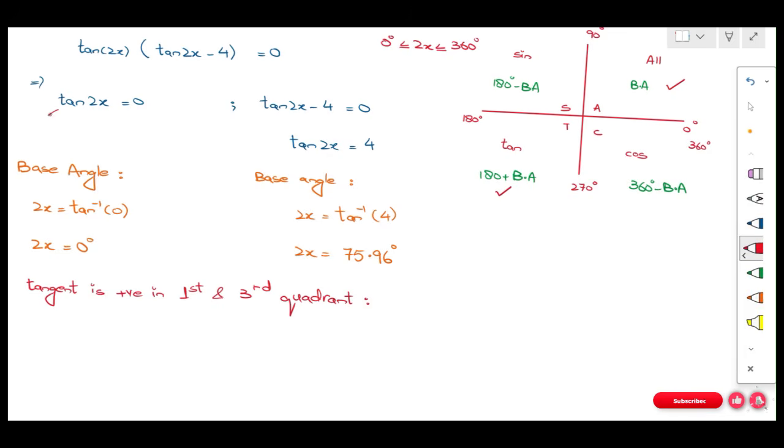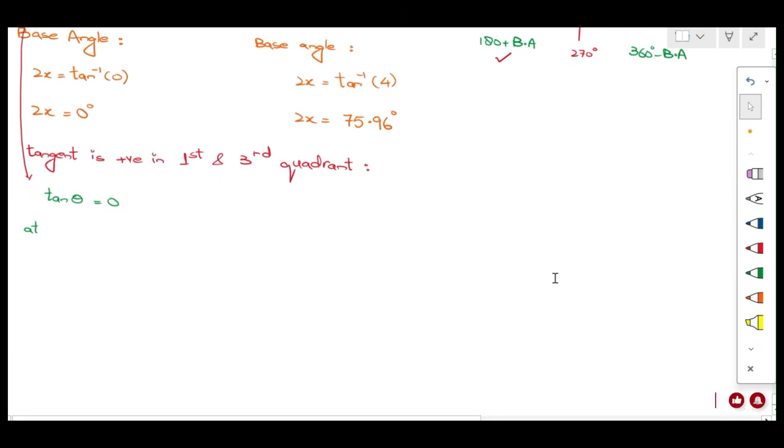But from here we have to use the basic knowledge that tangent of theta equals 0 at theta equals 0 degrees, at theta equals 180 degrees, at theta equals 360 degrees, and so on.